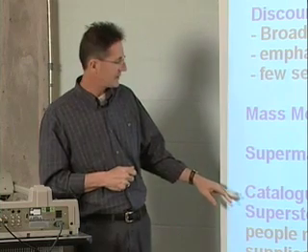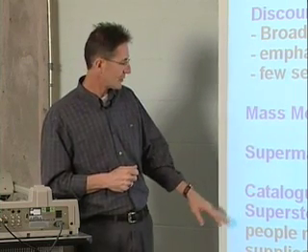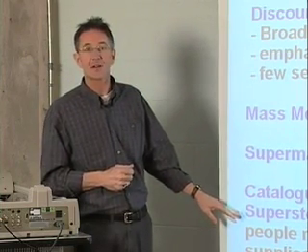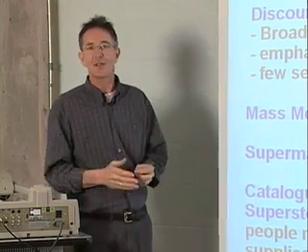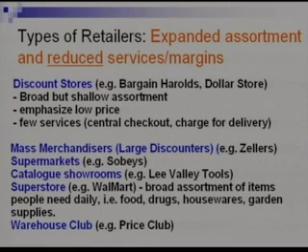Catalog showrooms like Lee Valley Tools, superstores like Walmart, and they're called superstores because they sell sort of a broad assortment of seasonal products and groceries and automotive products, wares, and finally warehouse clubs like Price Clubs. Again, limited amount of services, maybe not delivery, maybe not credit cards, it may be sort of cash only. These are sort of reduced to some extent in terms of the services.